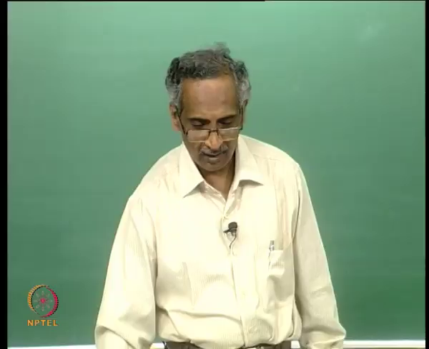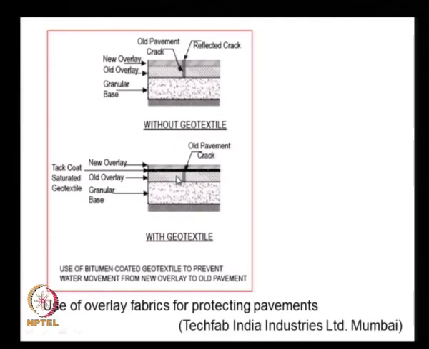Another manner in which the performance increases is we can cut off the infiltration of the surface runoff, and that is one important factor that needs to be considered whenever we provide this overlay fabric. Water is the culprit that causes failure in most of the soil structures.